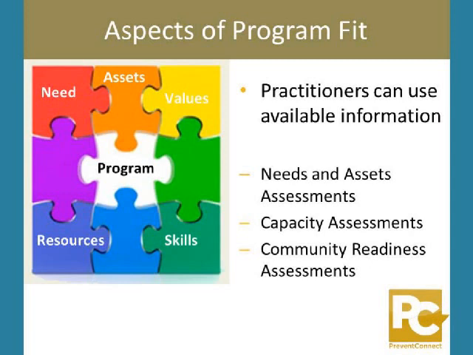Thinking about resources, often that comes through in capacity assessments, for example, or other types of information collected. Being able to assess our resources available for the adoption of this strategy and implementation, as well as thinking about skills, and in particular skills of those working on the implementation. Or are these things that need to be developed?